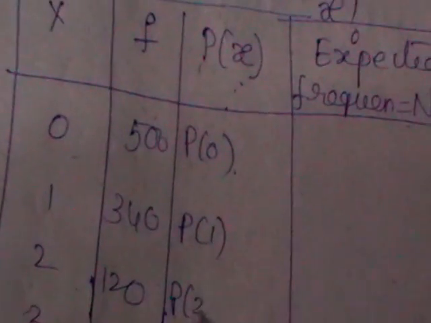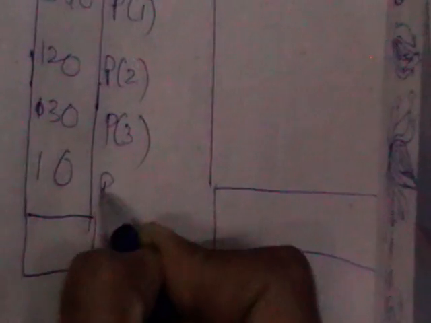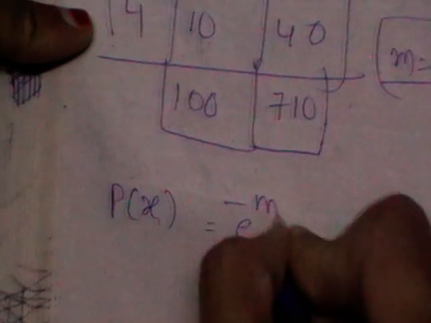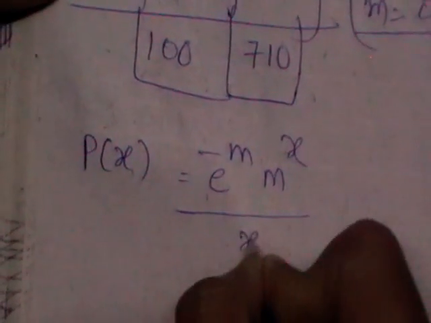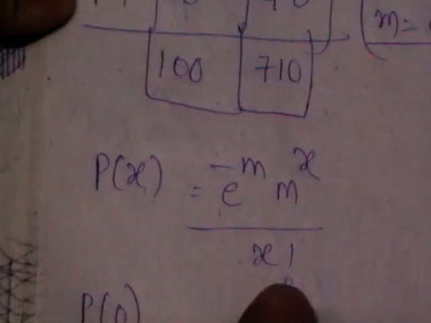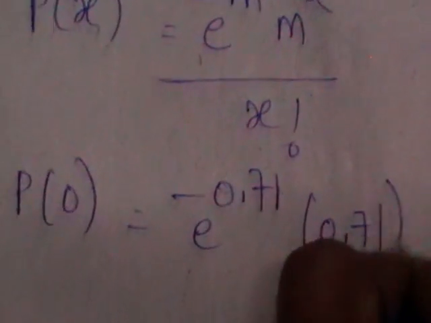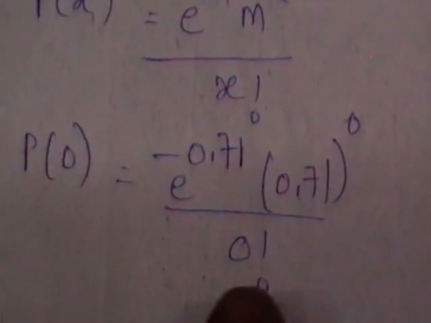What is p of x here? You need to calculate p of 0, p of 1, p of 2, p of 3, p of 4. Let us calculate all of those separately and then substitute here. Then you multiply with n to get the expected frequencies column. P of x is e power minus m, m power x by x factorial. So P of 0 means e power minus 0.71 into 0.71 power 0 by 0 factorial.